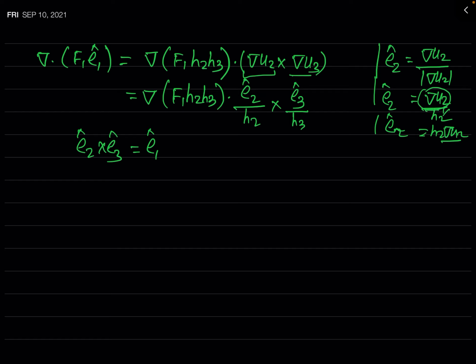So this expression you may write like this: del dot f1 e1 hat will be equal to del dot of f1 h2 h3, and e2 hat cross e3 hat, which is e1 hat, so this is e1 hat over h2 h3.